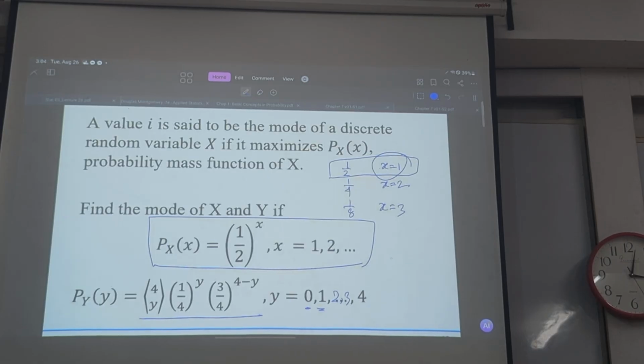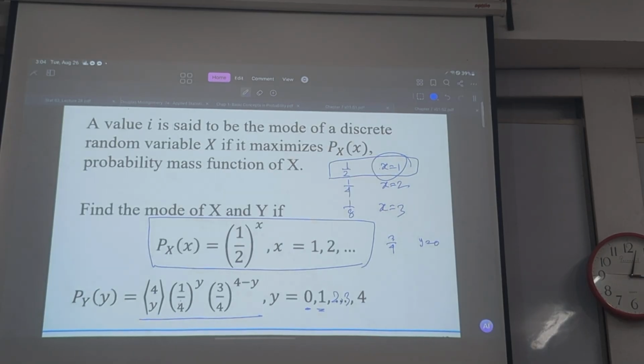So, what is the probability that y is equal to 0? Right? Because this 4 choose 0 will be 1. 1 over 4 to the power 0 will be 1. So 3 by 4 to the power... no, this is not.